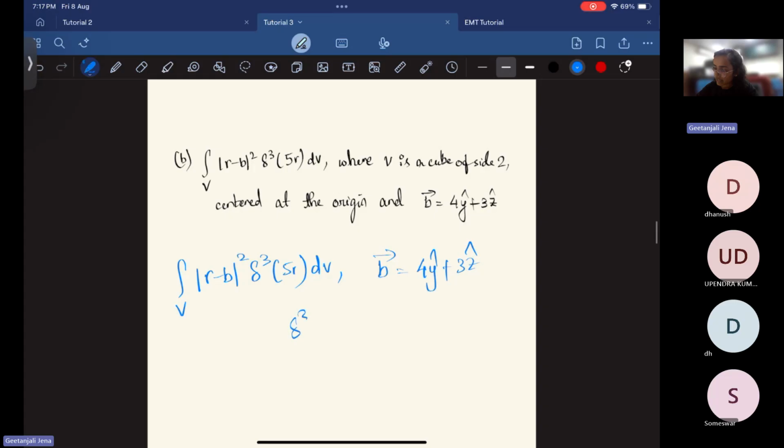Just use delta cube of 5r. So in one dimension, it is 1 by k delta x. In three dimension, it will be 1 by k cube delta cube.